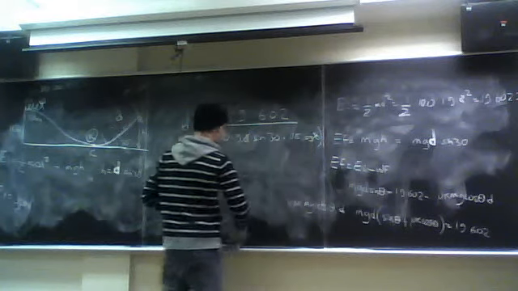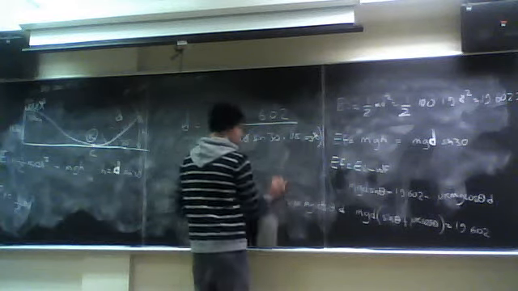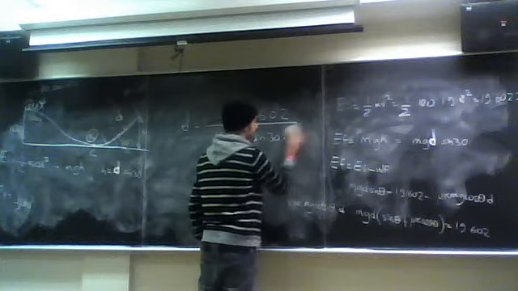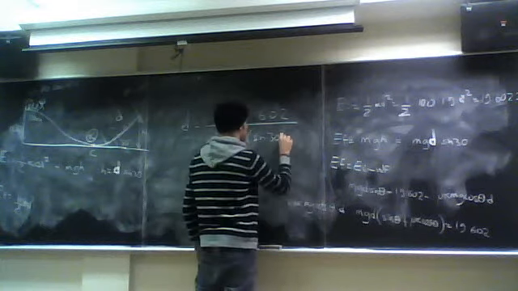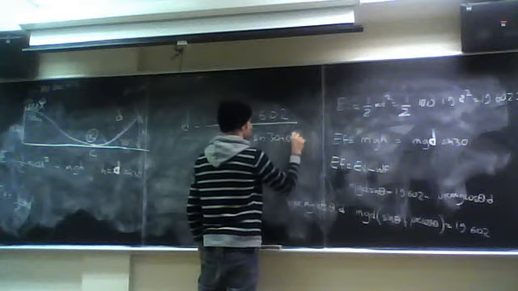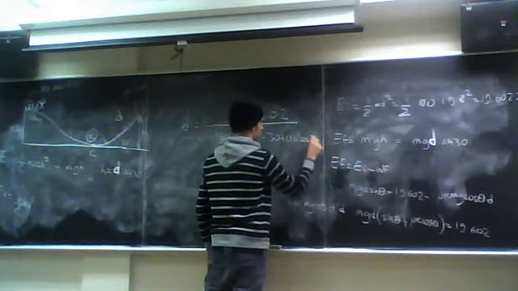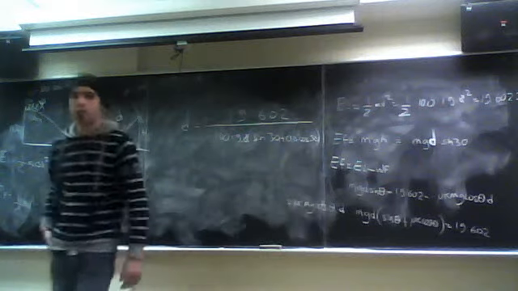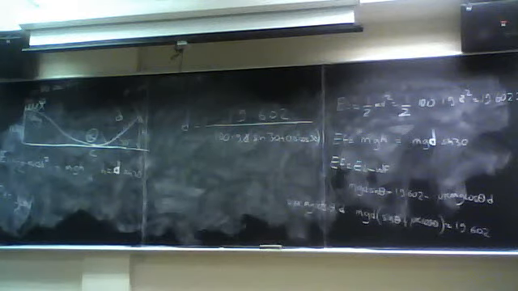It's a little messy at the end. Plus 0.15 cosine of 30. There you go. So plug that in, and you've got your distance up the slope.